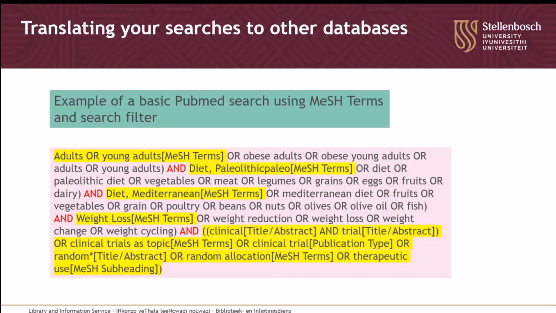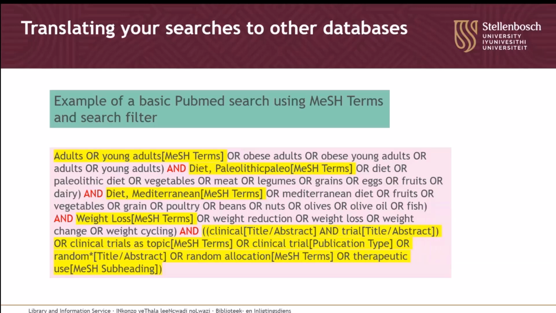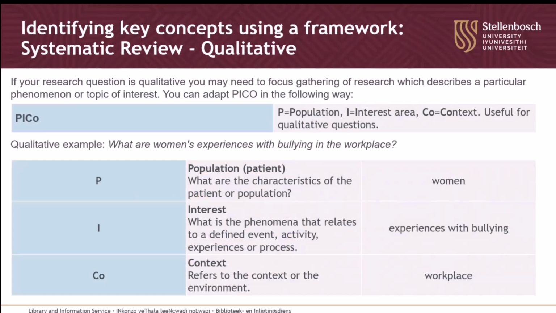You can see they've used ORs and ANDs in between, and publication type and all of those, because they have tested this. They recommend you use it, and that will help you find only those studies, because you're not interested in any other kind of study. I must just look at the time, as we still have time for the other part of our presentation.